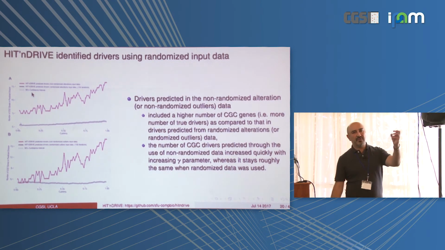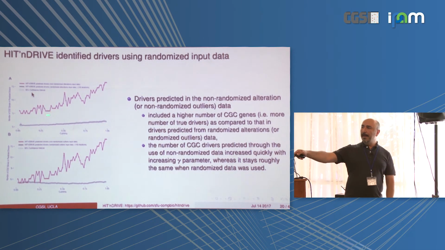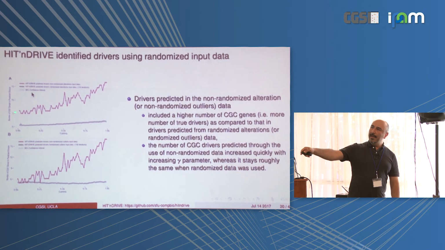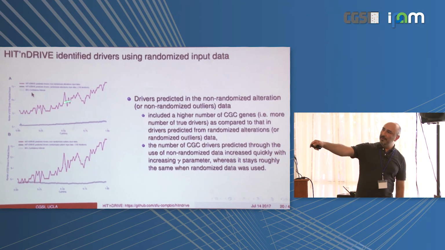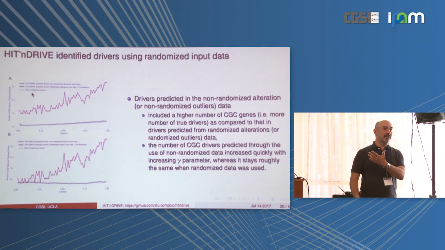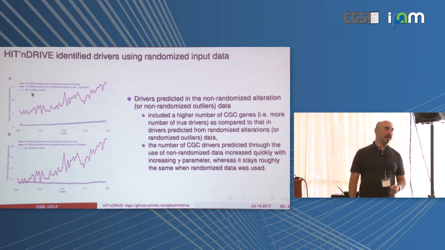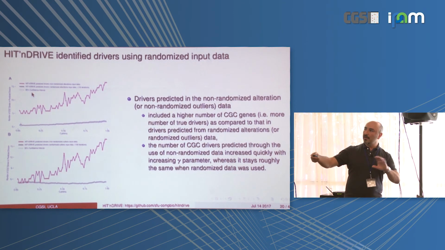So the more influence you need, the more drivers you need. In comparison, with HIT'nDRIVE, as you increase the number of drivers, their overlap with known drivers also increases. This just shows that there is some information maintained in the network in comparison to a totally arbitrary network. This is completely arbitrary.